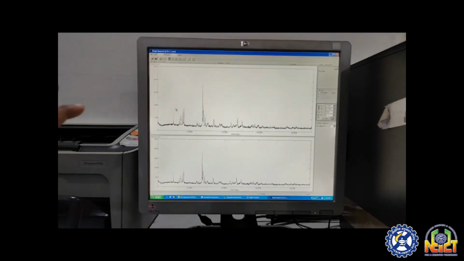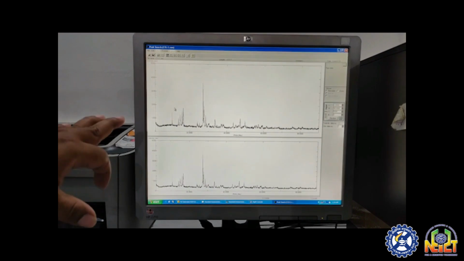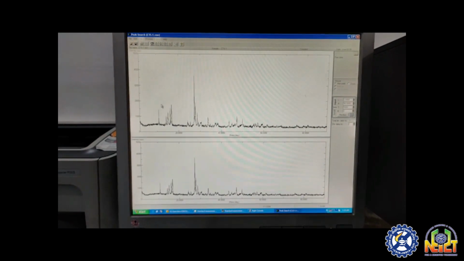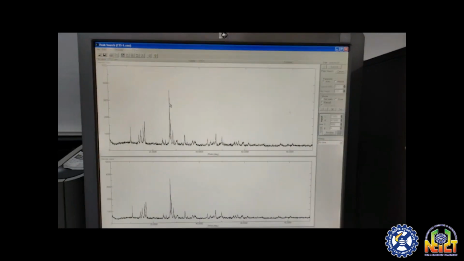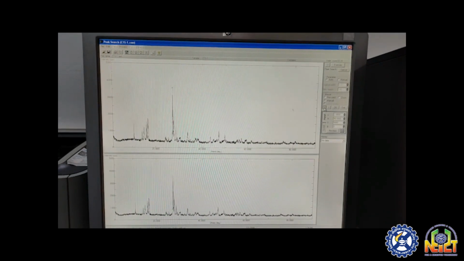After completion of the analysis, this kind of peaks are appearing, and each peak corresponds to a specific d value, and each d value corresponds to a specific phase present in the material. So I can show how these peaks can be found. Suppose I select this peak.